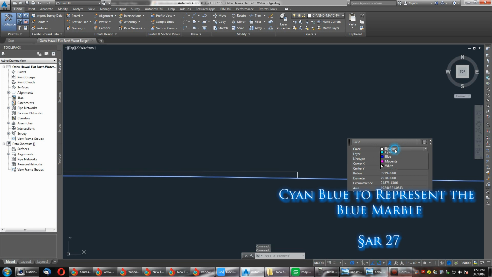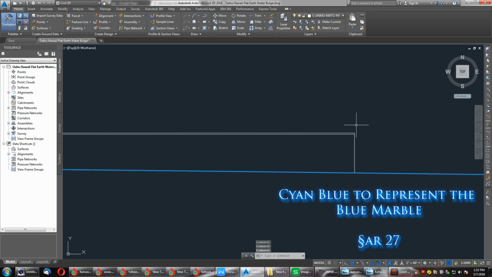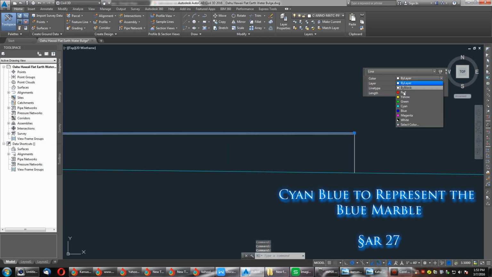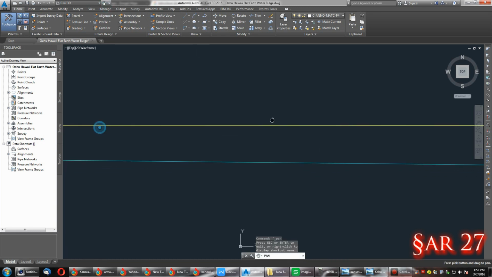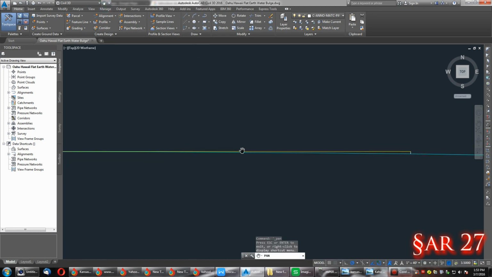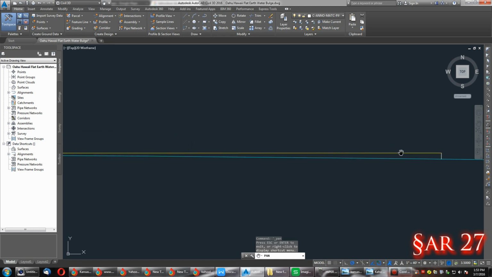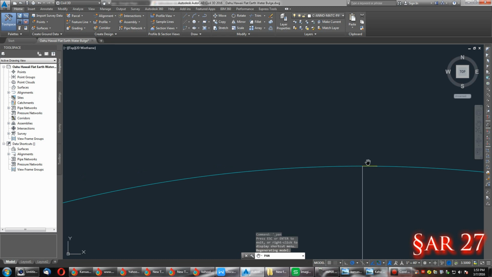I'm going to change the color here. Now that yellow line represents the line of sight and the blue is the water.